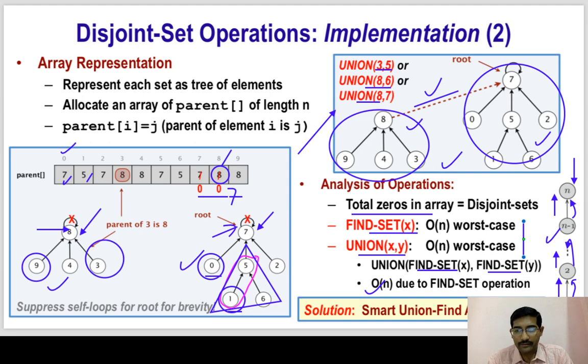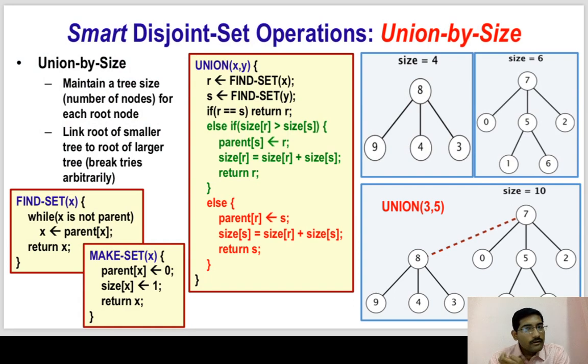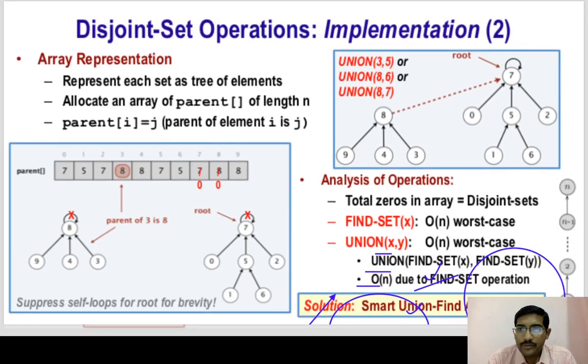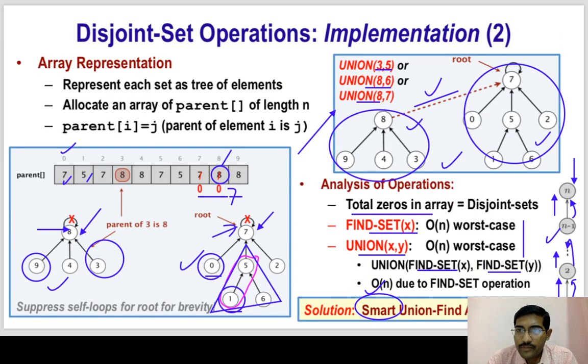Can we do better? Of course we can. That's why we need to be a little smarter when we do the union and find operations. Let us see. In the previous case, when we do a union, we are not looking into the disjoint sets, how many elements are there, or how deep these trees are.